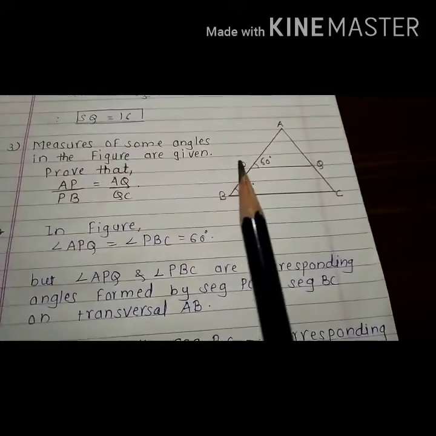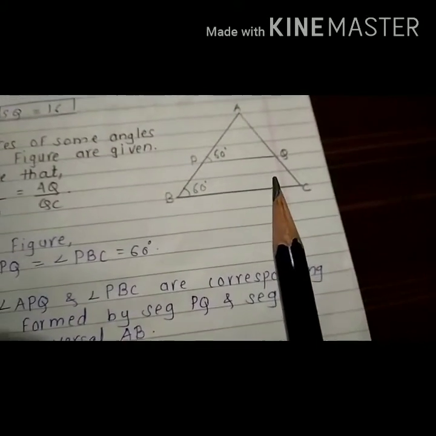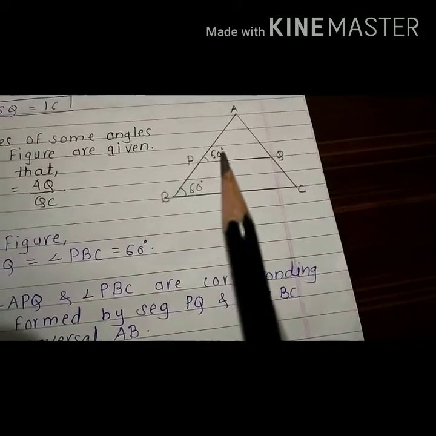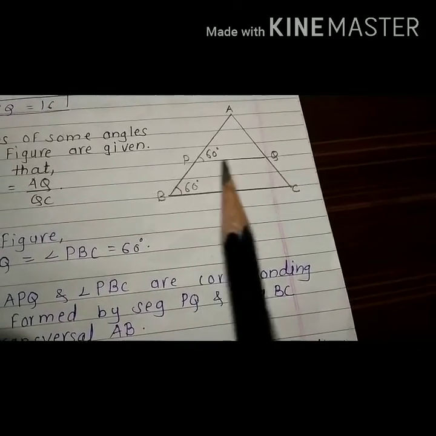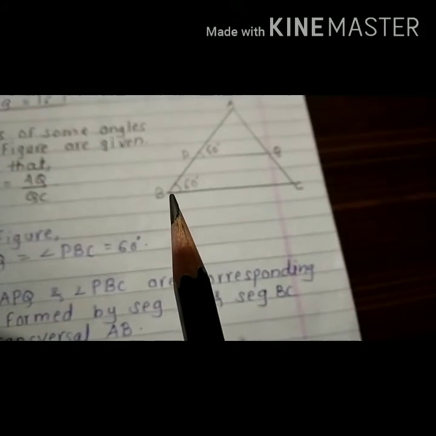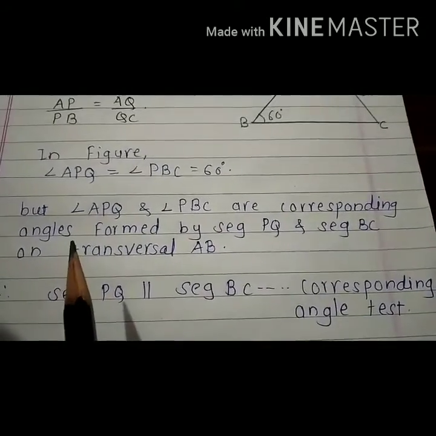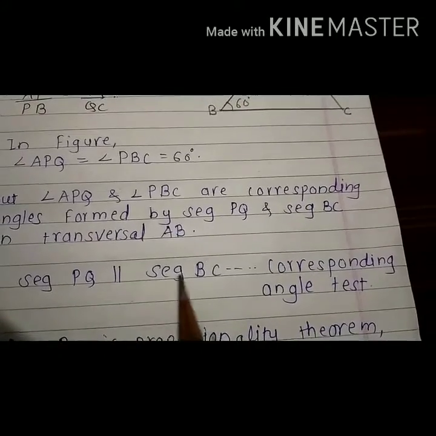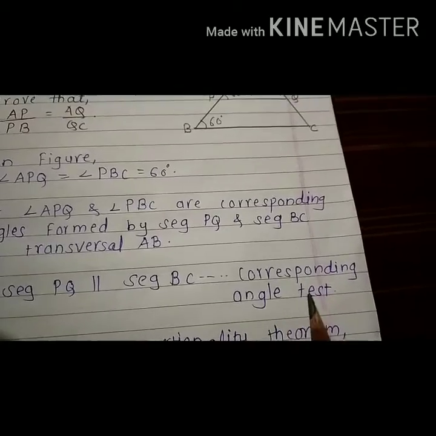But if we observe the figure, angle APQ and angle ABC are the corresponding angles formed by segment PQ and segment BC on the transversal AB. Therefore, by the corresponding angle test, we can say that segment PQ is parallel to segment BC. Reason is corresponding angle test.